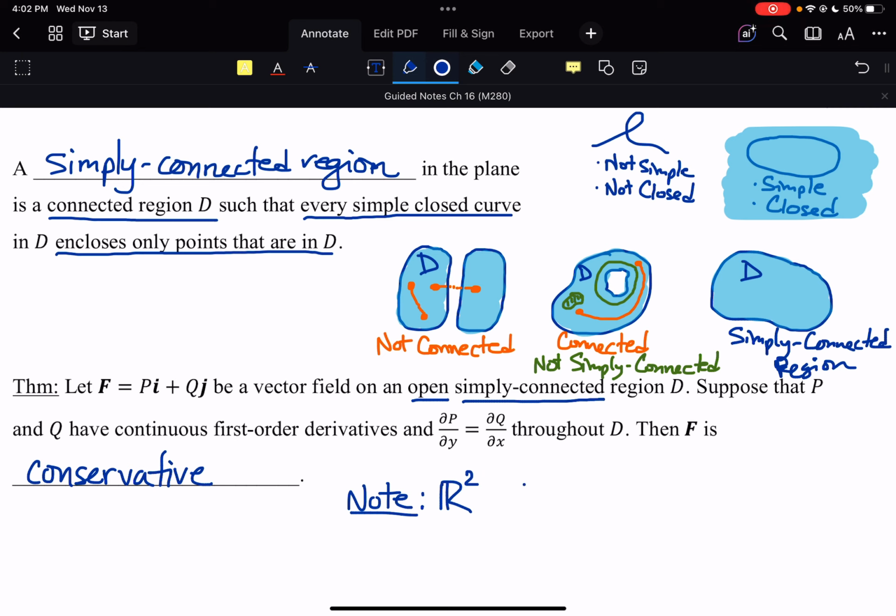If you draw any 2 points in R2, you can connect them with a curve that also is in R2. And if you draw a simple closed curve around any section of R2, you will contain points that are still in R2. It has no holes, no gaps in it. So R2 is an open, simply connected region.